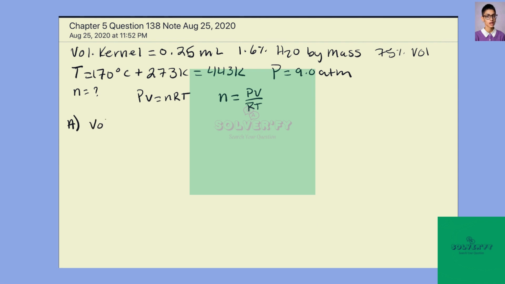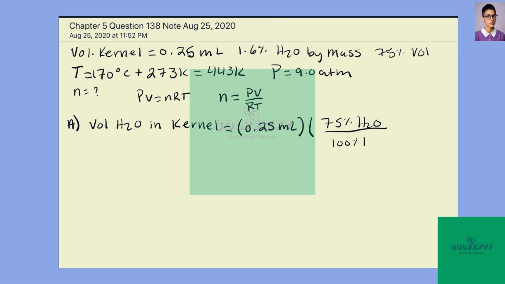So we know that the volume of H2O in the kernel is equal to our volume of the kernel, which is 0.25 milliliters. And we're going to times this by 75% H2O over 100% of the kernel, because they tell us that the max volume of H2O in the kernel is 75%.